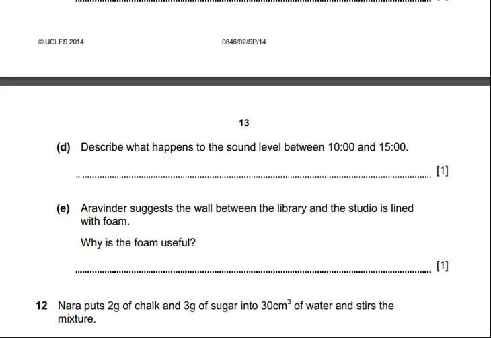Question E. Ravinder suggests the wall between the library and the studio is lined with foam. Why is the foam useful? So the wall between the library and the studio is covered with foam. The question is, why is the foam useful? Because foam insulates from sounds.